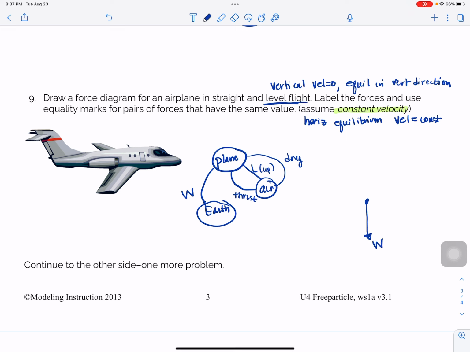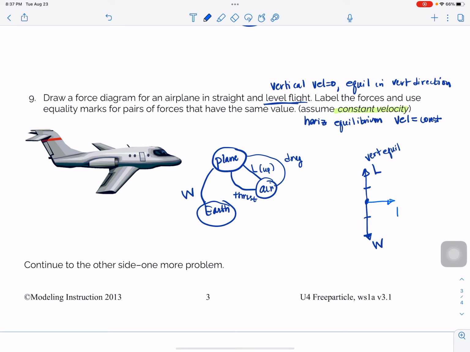And because we are in vertical equilibrium, that means my lift going up, I've got a pair of forces that have to be the same length. So this is vertical equilibrium. And then I'm going to do this in a different color. I know that I have thrust going forward.